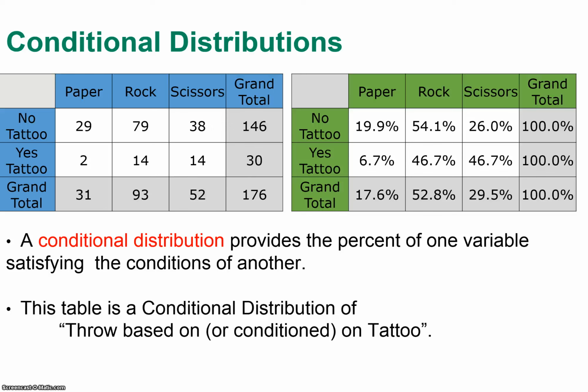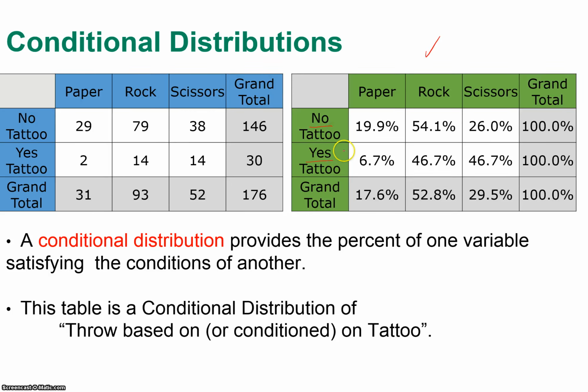All right, what's most helpful is to look at a conditional distribution. A conditional distribution essentially holds one of the variables constant while you look at how the other variable is distributed. For example, this particular conditional distribution over here is conditioned on the variable tattoo. So no tattoo and yes tattoo.